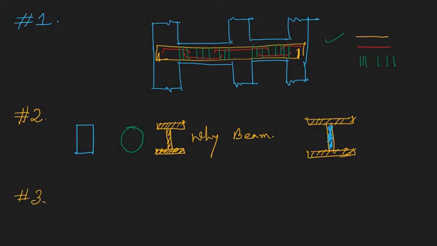The third question is about to ask you, when you are supposed to design a column, which section is best from this one, rectangular, circular, or I section? Of course your answer is, in the case of a column, which one? Yes, circle.